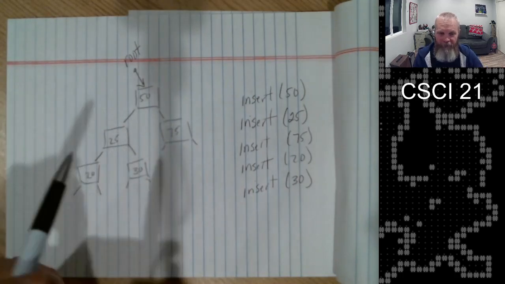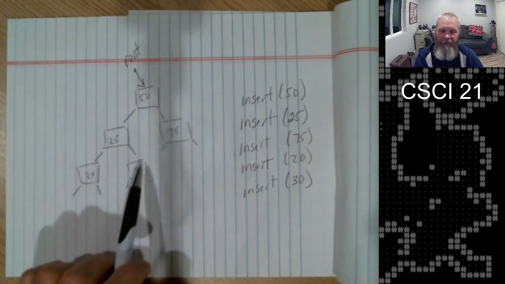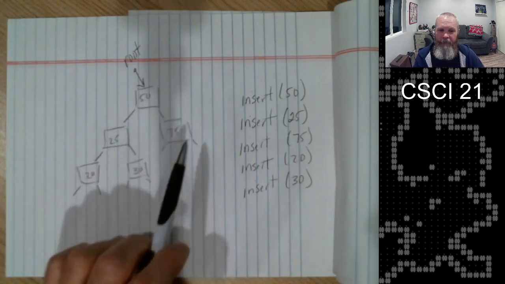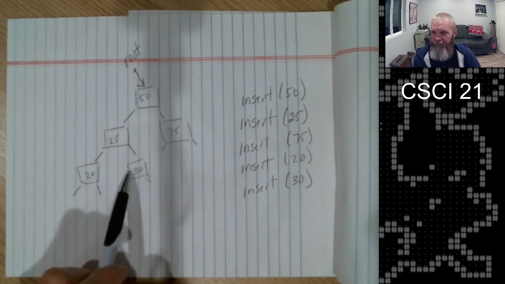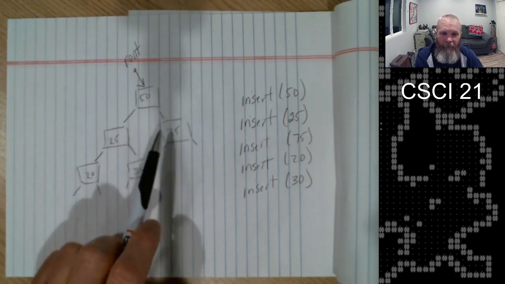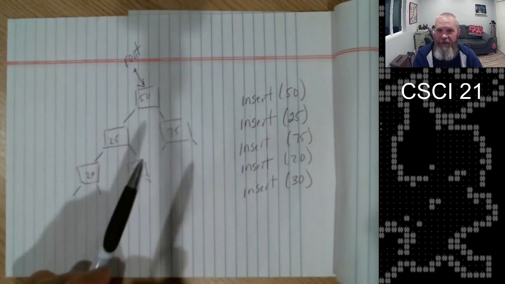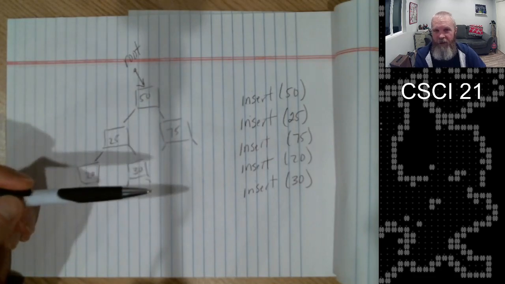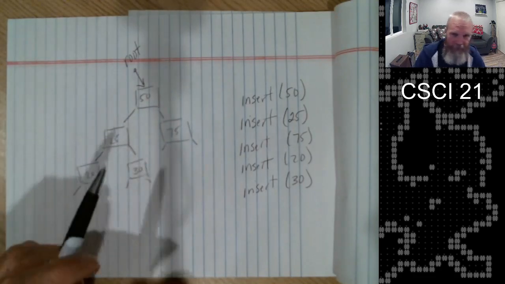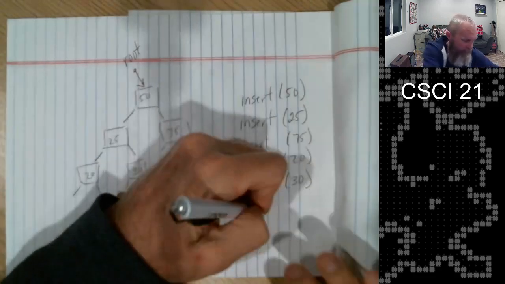Okay, so now that we have the 30 in there, it may not look like this is sorted anymore. So we followed the rules. Okay, so Damien asked, what if you have the same number? So we are not going to insert duplicates. That's a good question. What happens if we try to insert the same value twice?